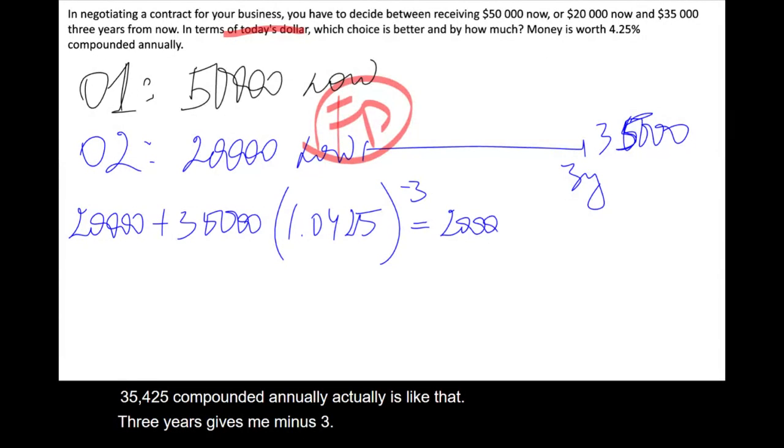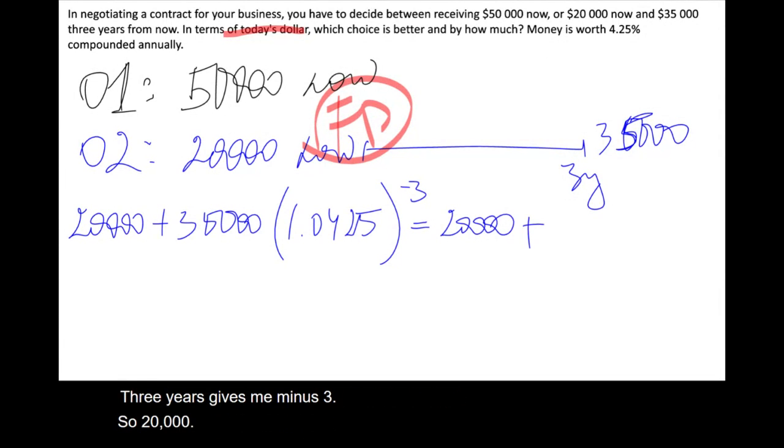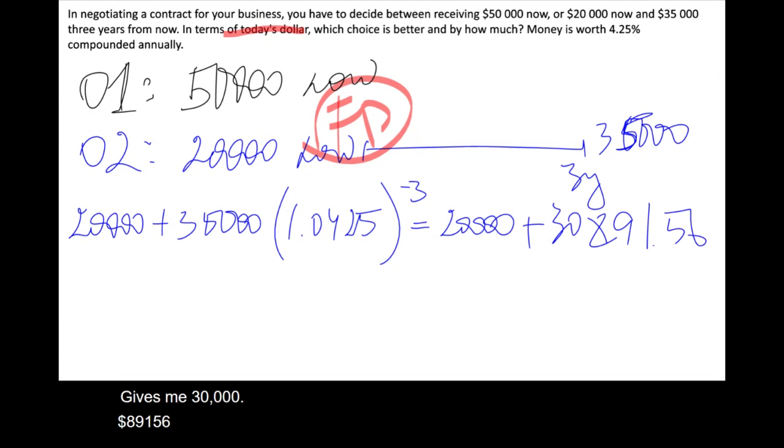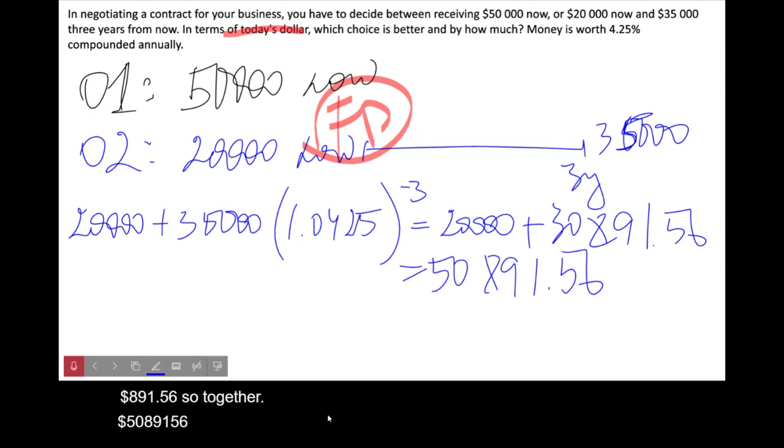That gives $30,891.56. Together, $50,891.56.